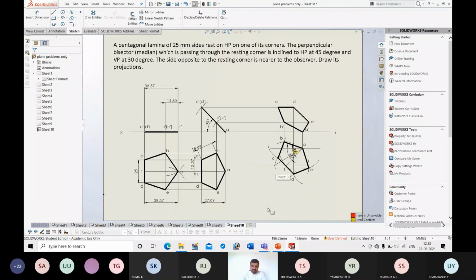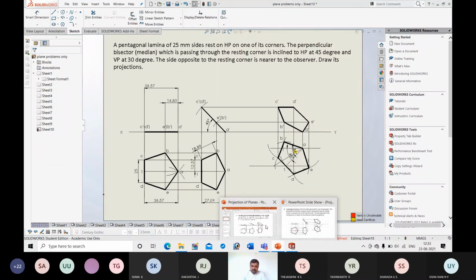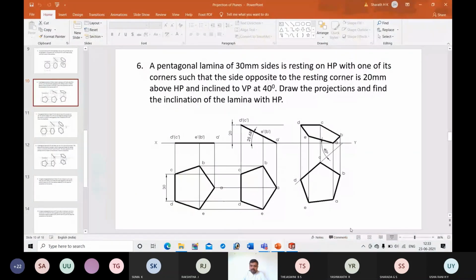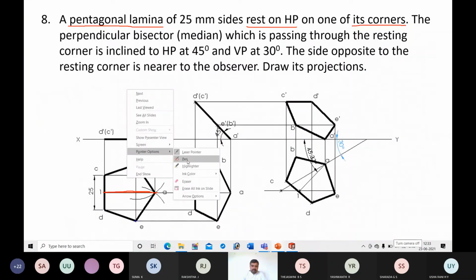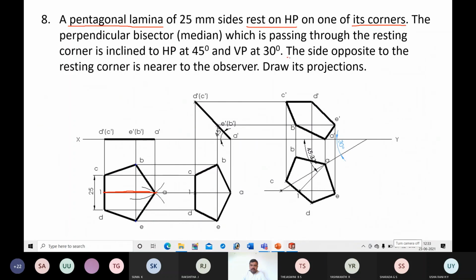So now this is the solution, but consider the last condition in the problem. Okay, the side opposite to the resting corner is nearer to the observer. Okay. So here you can see side opposite to the resting corner. A is the resting corner.